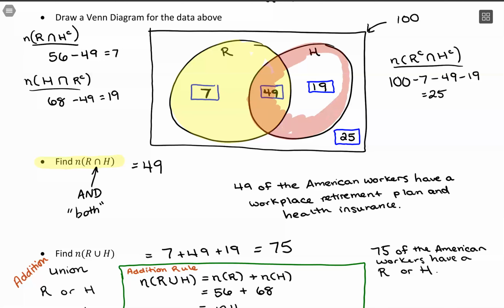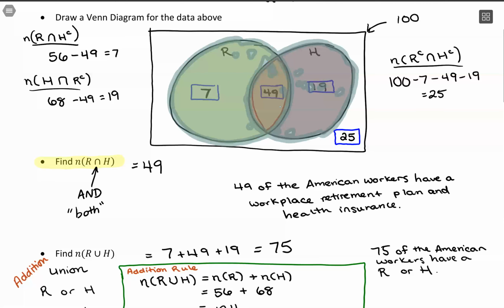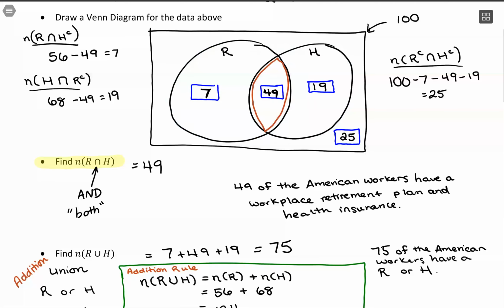But what happens when we do that is we count some people too many times. Specifically, these 49 people right here. They got counted twice. So we took 56 plus 68, and when we did that, that group in the middle got double counted. So what we need to do is subtract that 49 out once, so that it's counted correctly. So then I'm really only shading once.